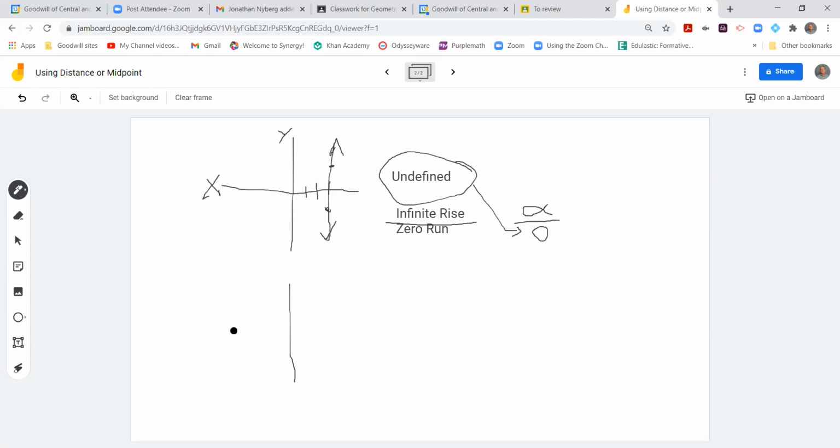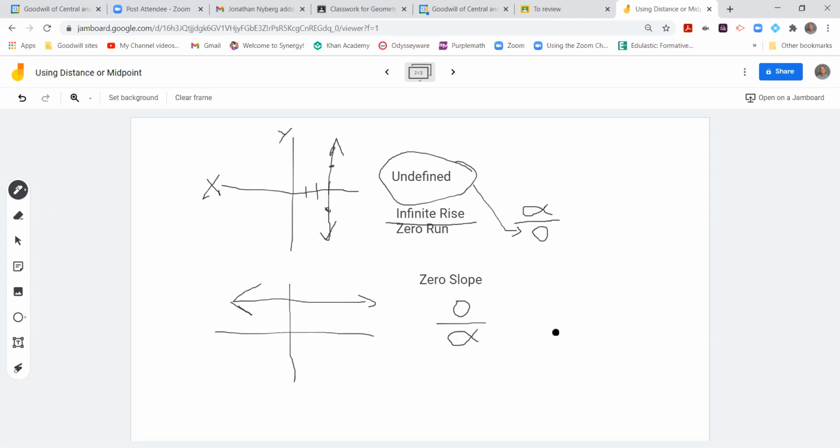Okay, the opposite of that is your horizontal line. Because now horizontal line with zero slope, it's exactly the opposite of that other fraction. We have no rise, but infinite run.